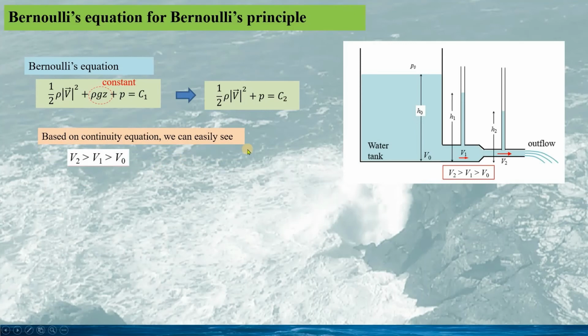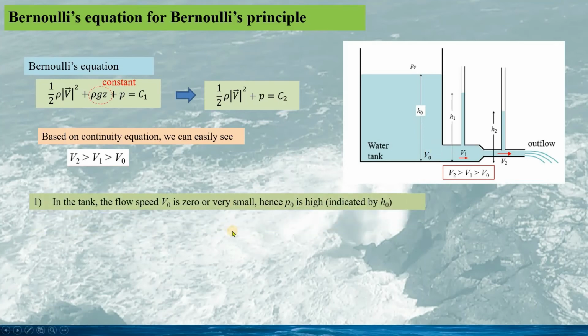Now, based on the continuity equation, we can easily see the velocity V2 in the small pipe is larger than V1 in the large pipe, which is larger than V0 in the tank, which would be very small or zero. Therefore, in the tank the flow velocity V0 is very small or zero, and the corresponding pressure P0 is high, which is indicated by H0.